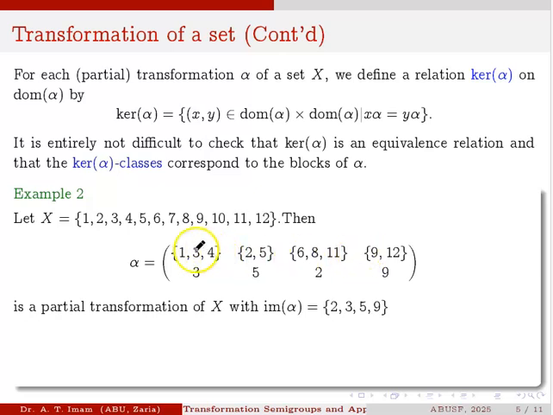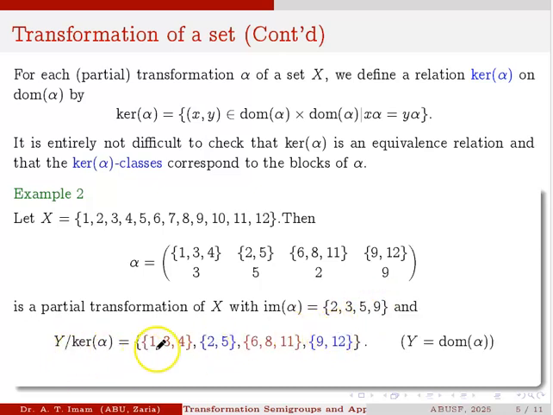This is the notation we introduced. This is our A1 mapped to B1, A2 to B2, A3 to B3, and A4 to B4. It's a partial transformation. The image set is the set of these elements over here. These are the images. You can see them: 2, 3, 5, and 9.